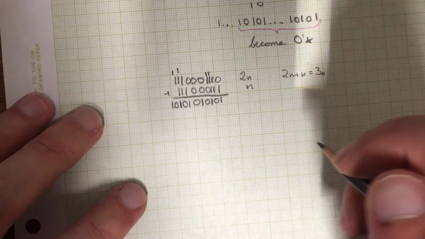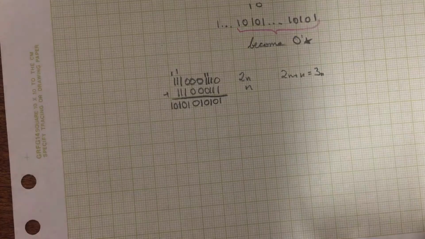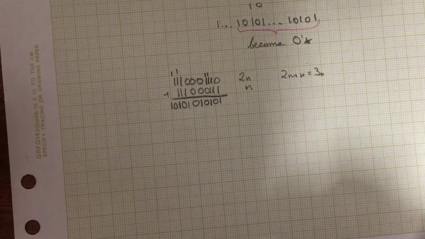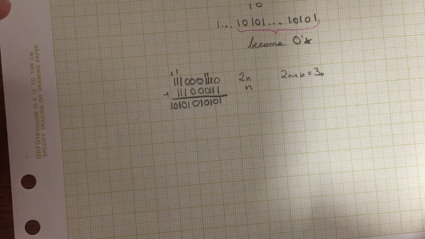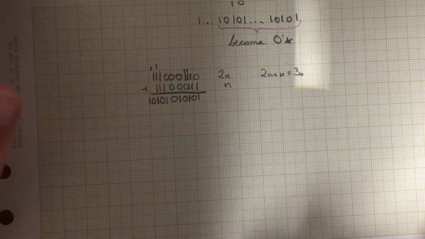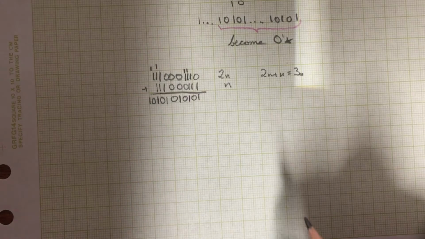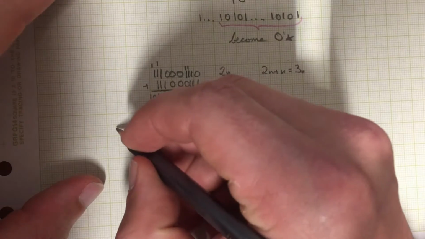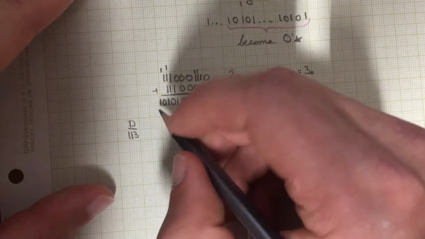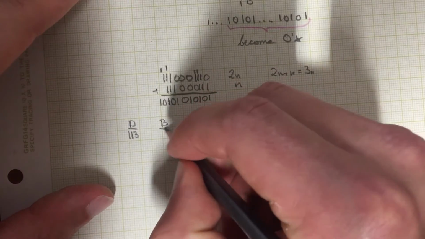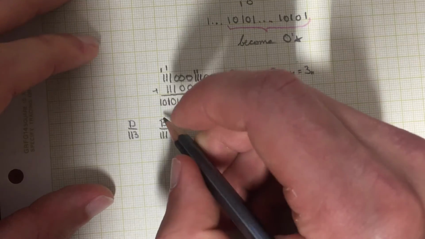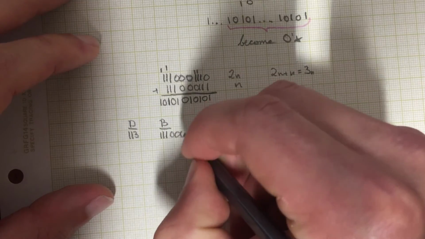So now we can start to think about breaking up our number, turning the number into parts of the number that behave a certain way through the odd step. So I'm going to take 113 in decimal, and in binary this number is 1 1 1 0 0 0 1.